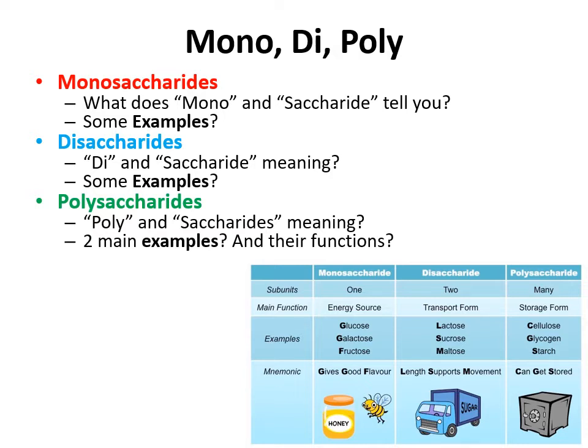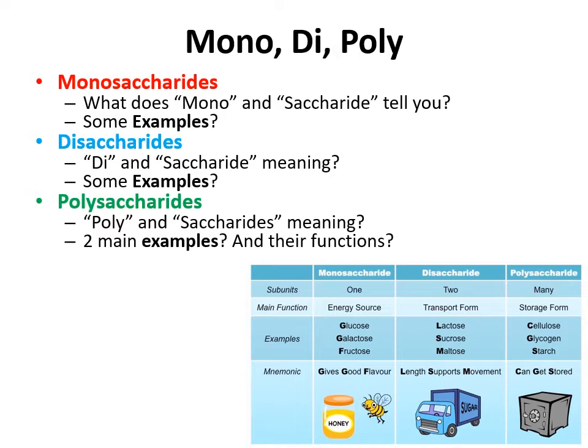And then polysaccharides, those are the ones that are more structural. Those are the ones that are a storage form of sugars or of carbohydrates. And the examples that you have of the polysaccharides are big starch and glycogen as well.